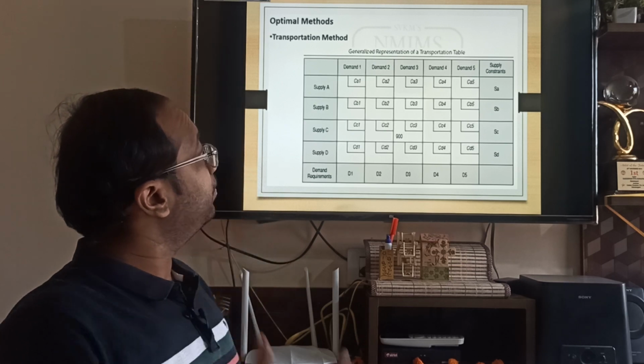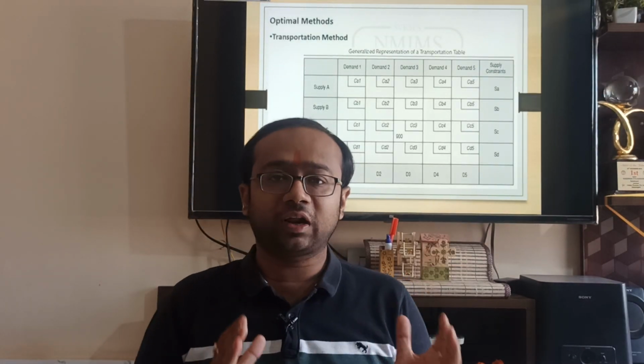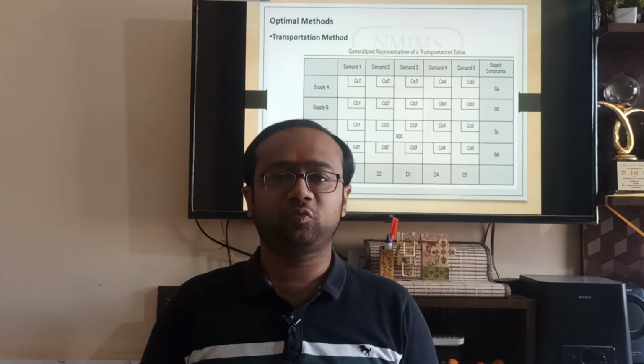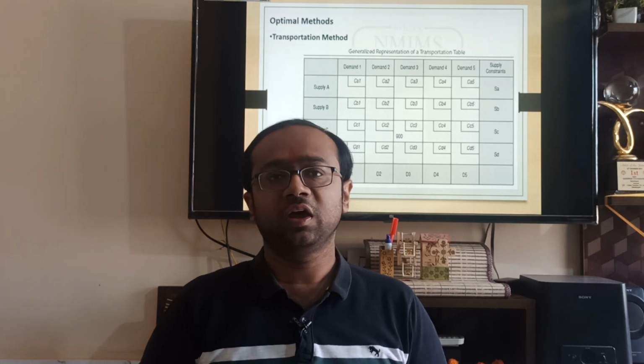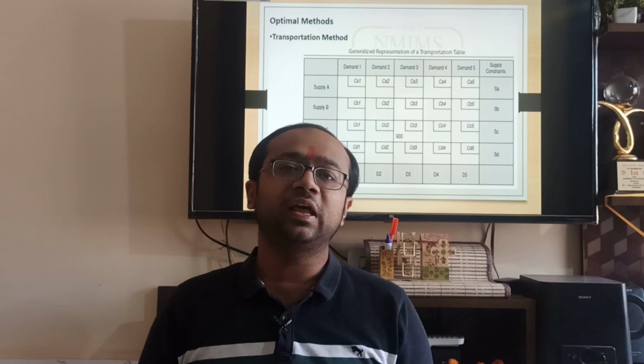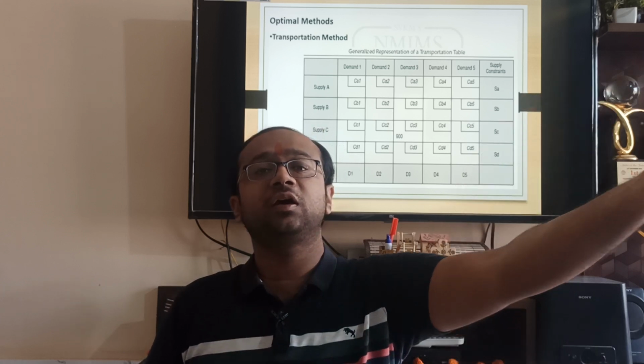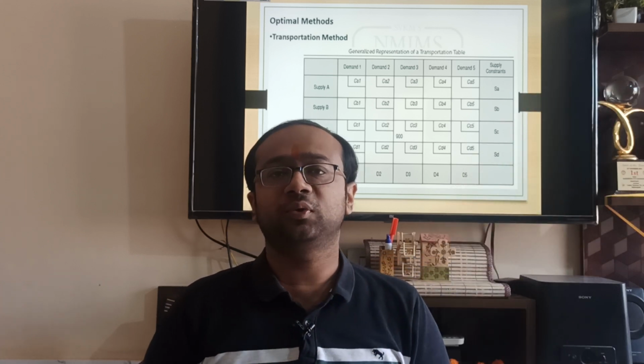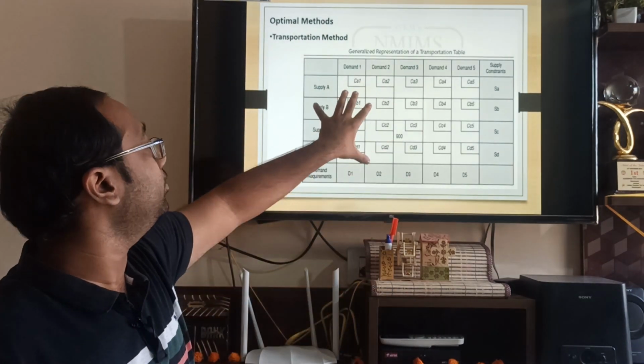See, always there is a combination that in transportation table, you should try to fulfill the requirement from the nearest possible so that logistics cost is minimum. Production cost is one thing. Now, for example, you produce something in Delhi and you are supplying it in Kerala, there will be a lot of logistics cost, and that is why this method become useful.